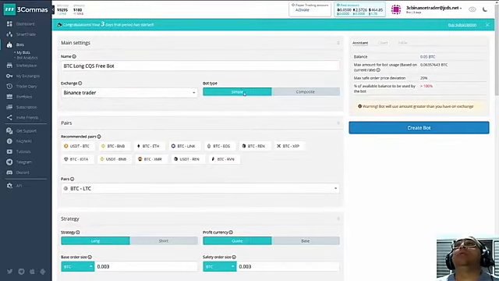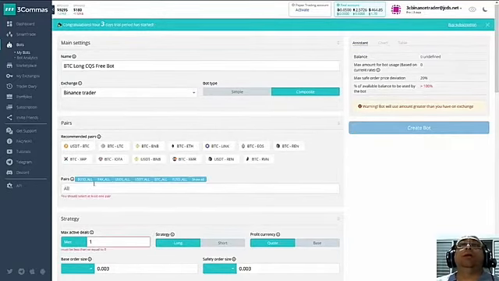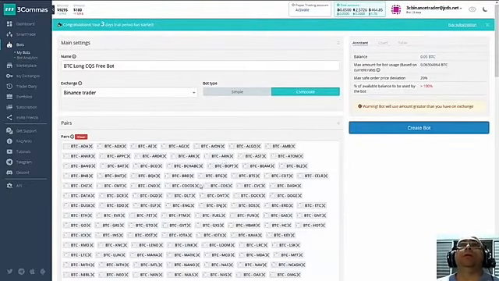I can create a simple or a composite bot. A composite bot allows you to trade several coins on the same bot. And I will choose BTC all. That means that all BTC pairs available on Binance will be available for my bot. Okay.